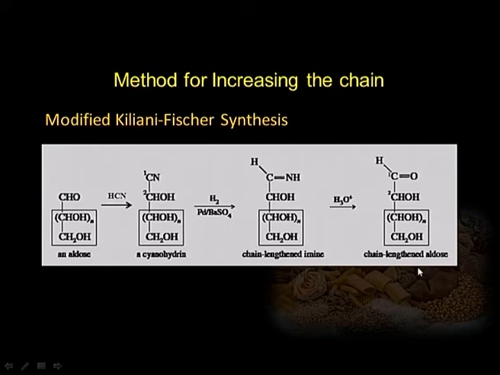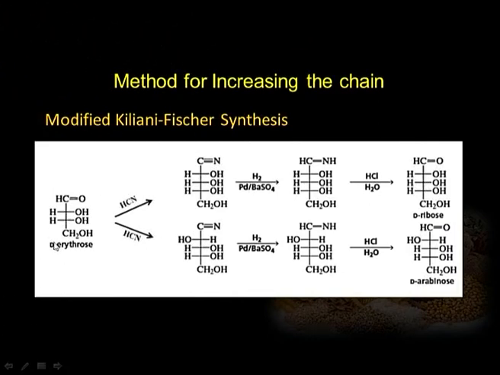Obviously, we will get a mixture of epimeric carbons, but the steps of formation of ester and then reduction of ester have been changed by first reduction and then hydrolysis, which are easier steps in comparison. This gives a full example: suppose we start with the 4-carbon erythrose treated with HCN, we will get these two epimeric cyanohydrins. They are partially reduced using palladium and barium sulphate as catalyst.